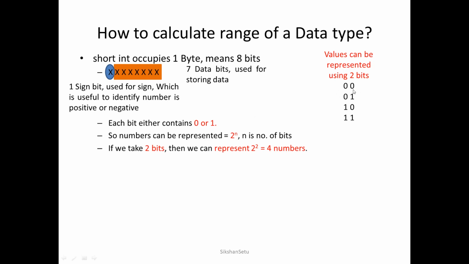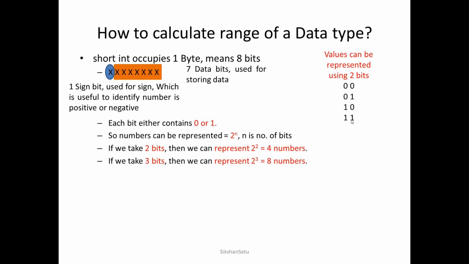The first combination is both bits are 0. The second possible value is the rightmost bit is 1 and the left bit is 0. The third possible combination is rightmost is 0 and the left is 1, and at last both bits are 1. So in total we have these 4 possible combinations. So 4 unique numbers can be identified with the help of 2 bits.